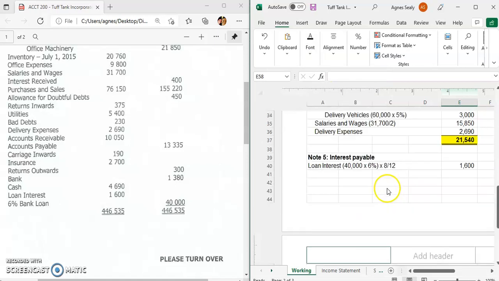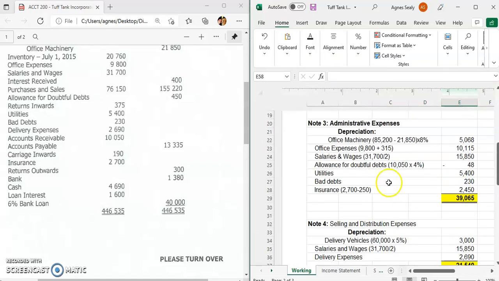So let's see what our allowance for doubtful debt was. We would have found 4% of that $10,050, and that would have given us $402.